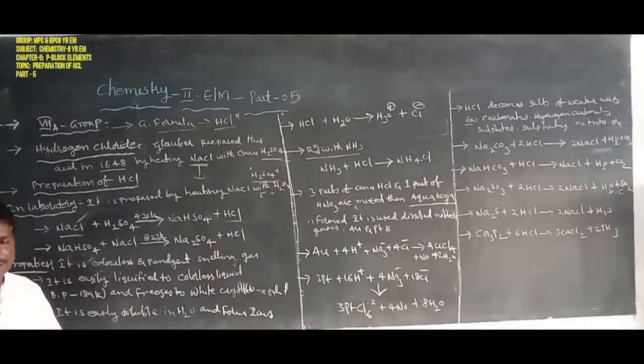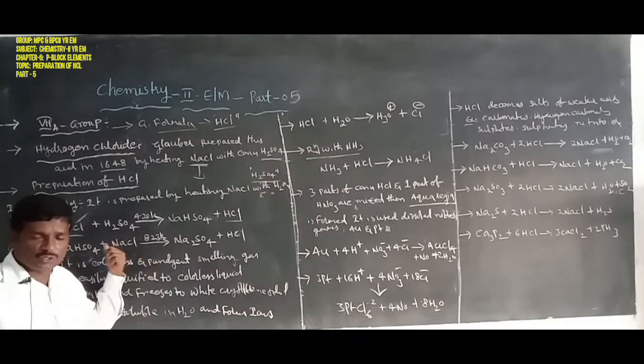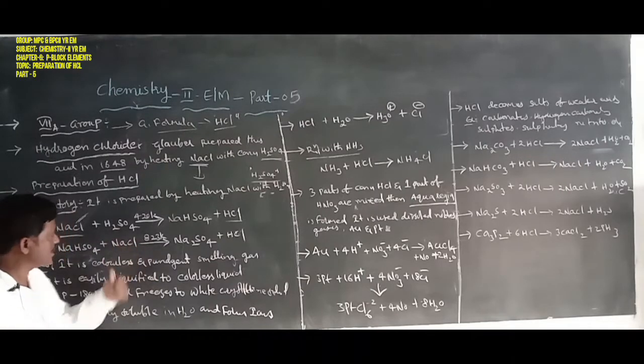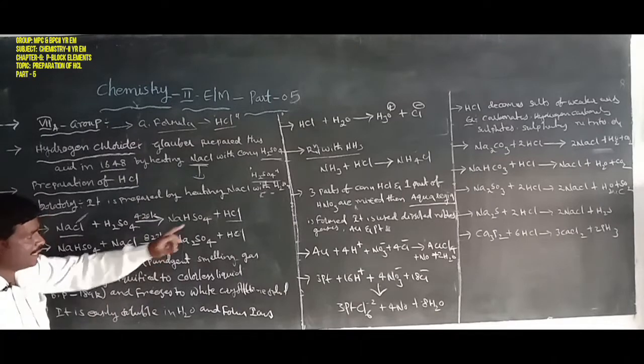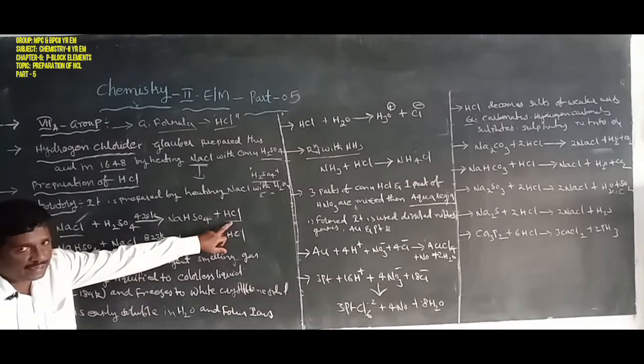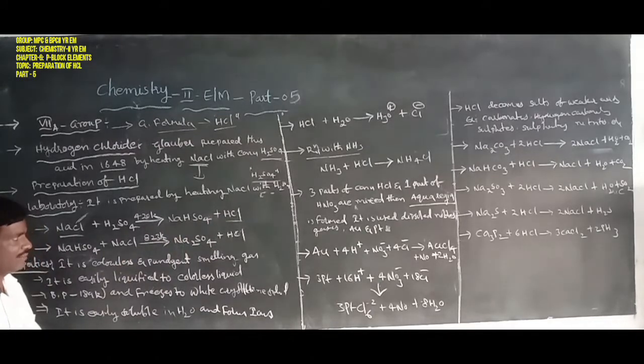In the laboratory method, sodium chloride is heated with concentrated sulfuric acid at 420 Kelvin to form hydrogen chloride, or hydrochloric acid, and sodium bisulfate.